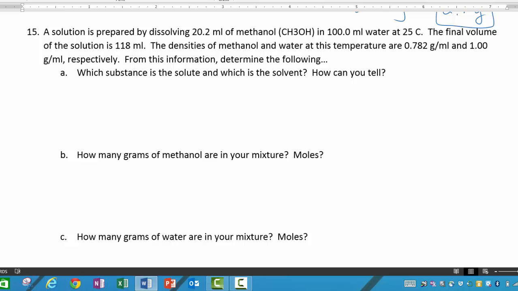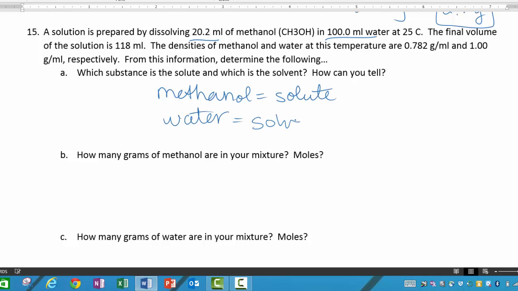And the way that we define the solute and the solvent is the solute is the substance that there is less of. And since I have 20 mLs of methanol and 100 mLs of water, that means methanol is my solute and water is my solvent. And you might say, oh, well, for sure, I know water is always the solvent.